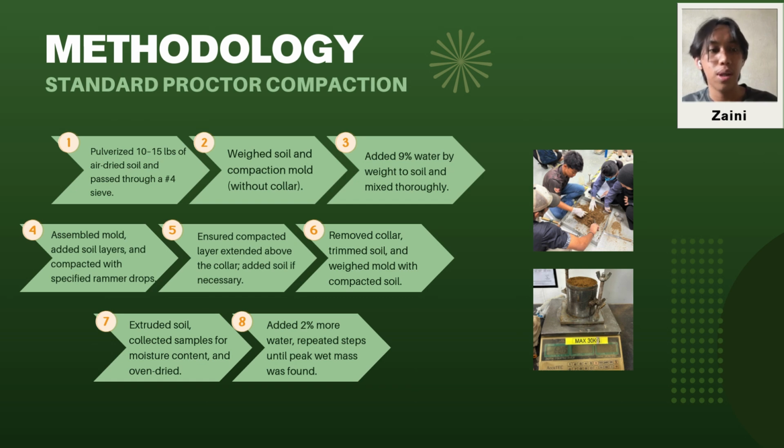Once compacted, we trimmed the soil with the mold and collected a sample to determine moisture content. This process was repeated by adding more water each time until the peak wet mass was reached.